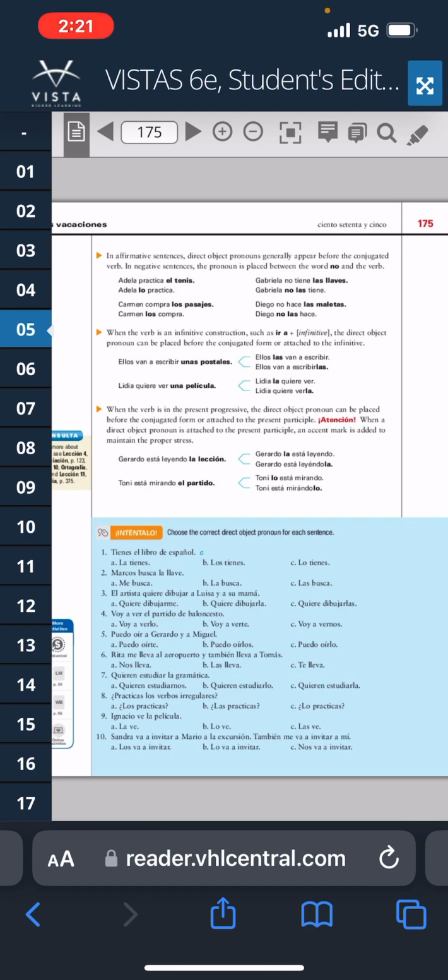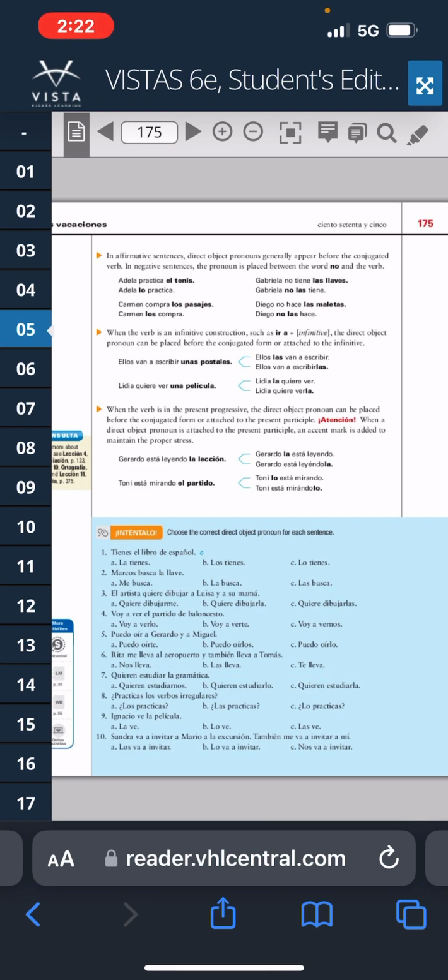When the verb is in the infinitive construction, such as ir a plus infinitive, the direct object pronoun can be placed before the conjugated verb form or attached to the infinitive. Ellos van a escribir unas postales. Ellos las van a escribir.